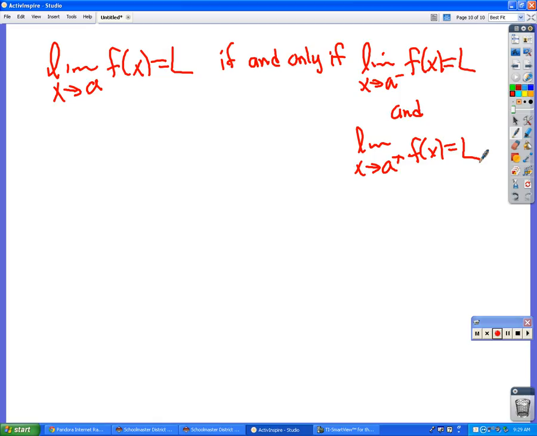Okay, so the right and the left-hand limits have to be the same in order for the overall limit to exist. All right, we good with that? Yeah. All right.